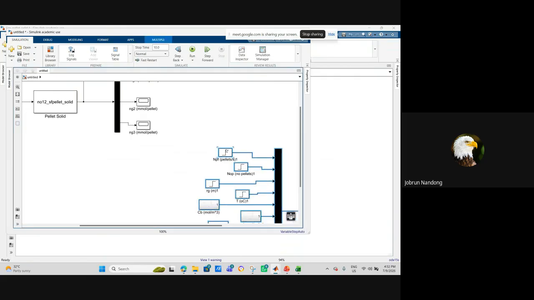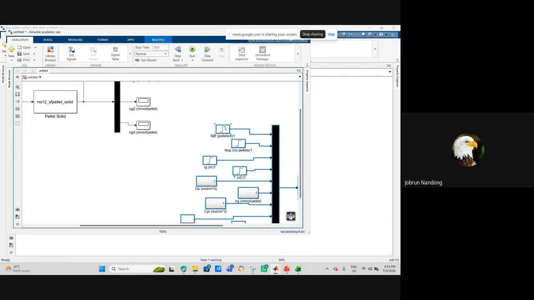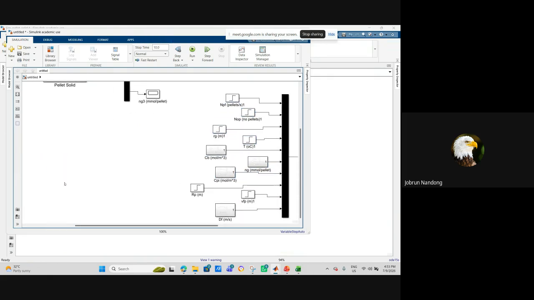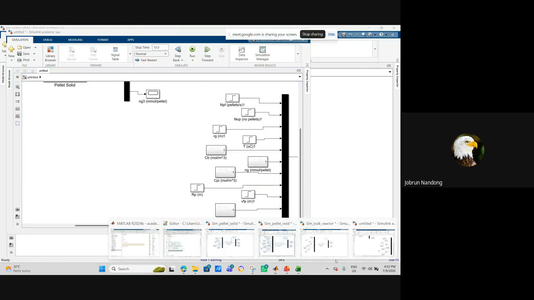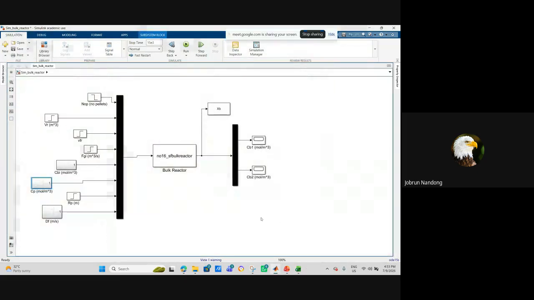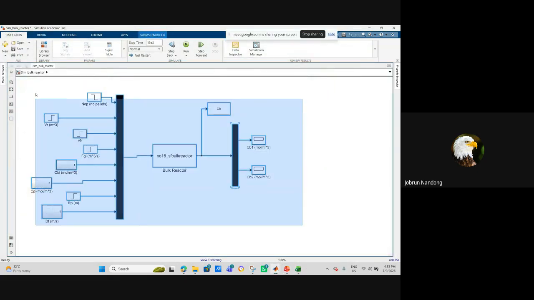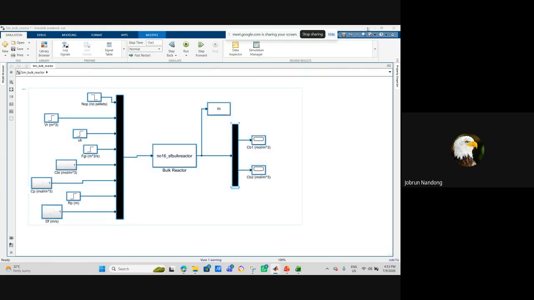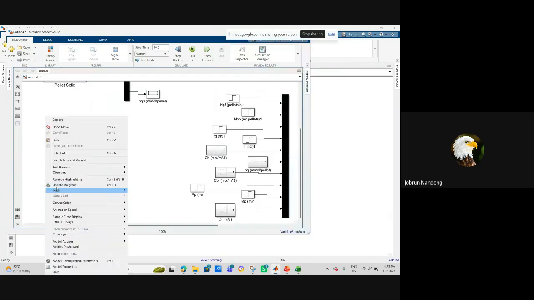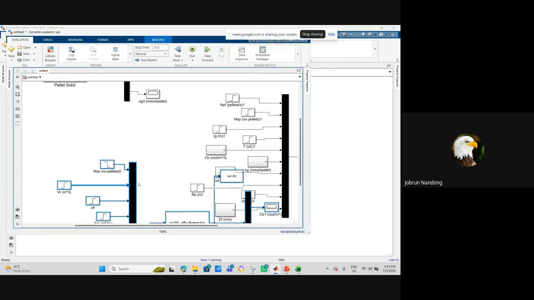Okay, we pasted already. Now we need one more. The last one is the reactor one. Copy.